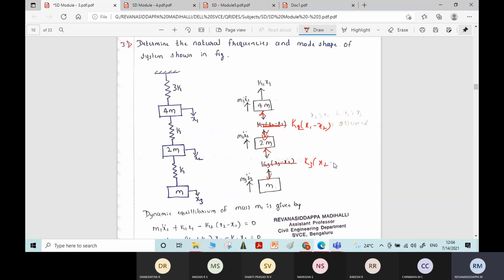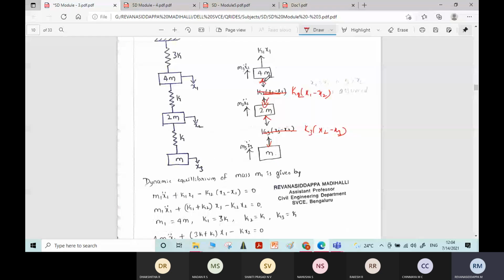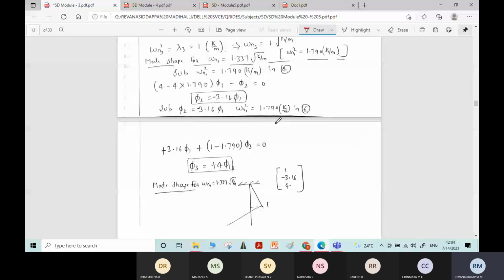You will get the same answer finally. Same answer. So I am telling you to follow this one. If you take directions away from the mass, then also you will get the same equation finally. Okay. Same procedure, and here for this problem I have written the mode shapes.